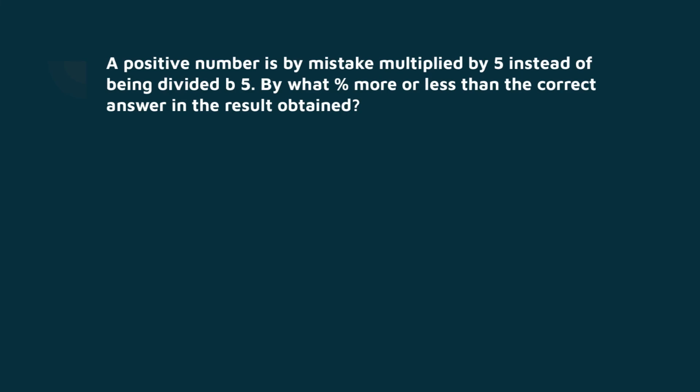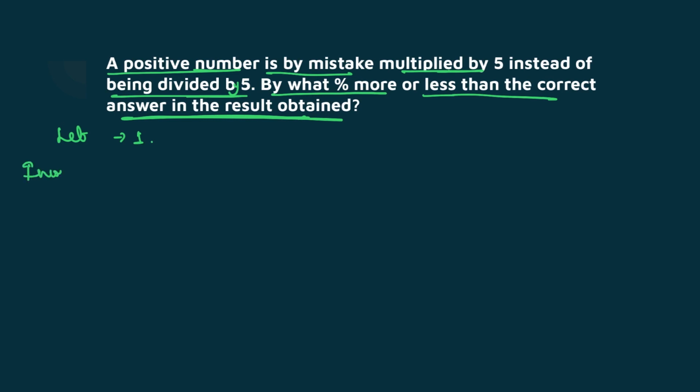Next problem. A positive number is by mistake multiplied by 5 instead of being divided by 5. So by what percent more or less than the correct answer is the result obtained? So let's take that positive number as 1. So the incorrect value is nothing but by mistake it is multiplied by 5.